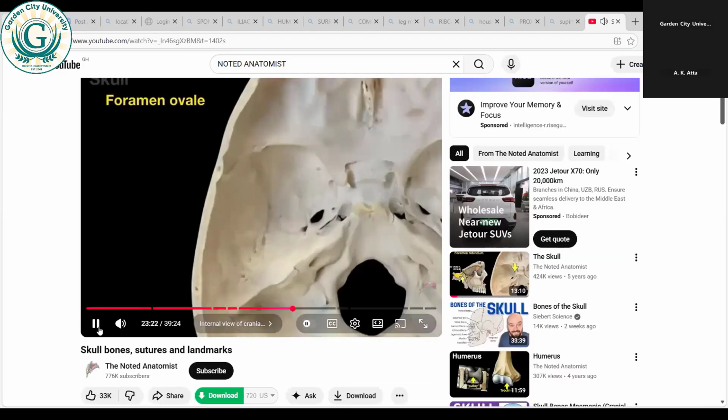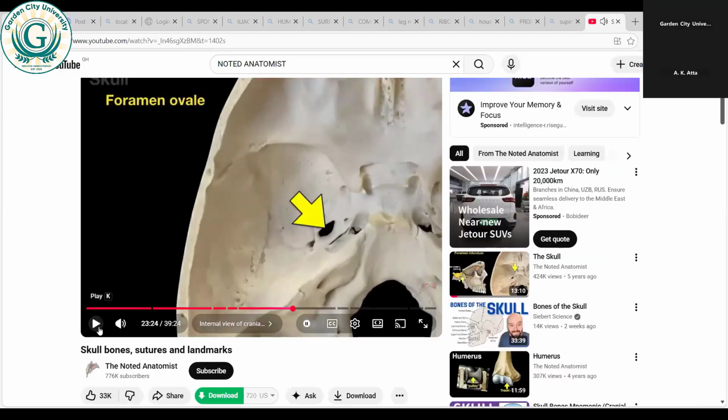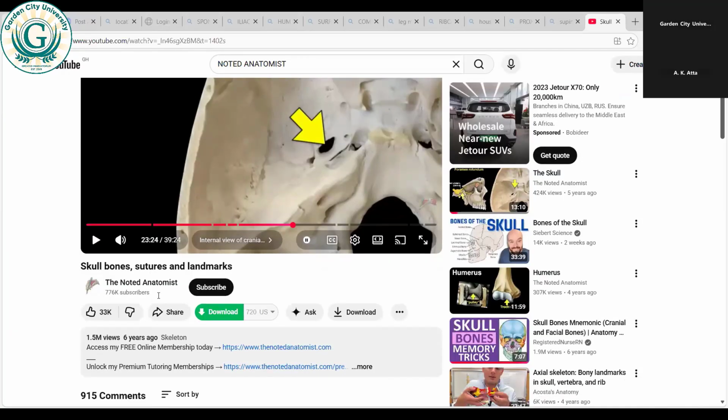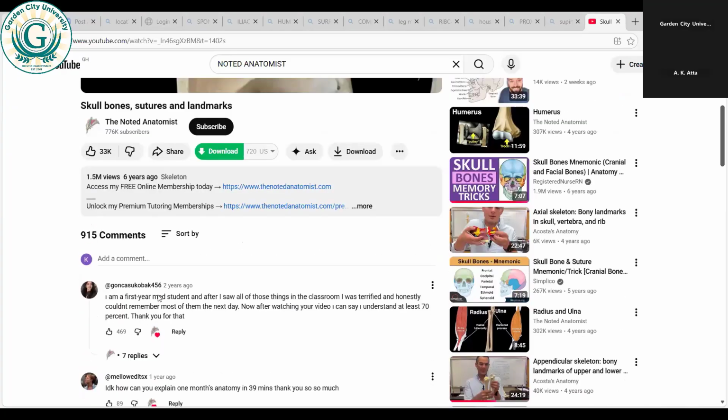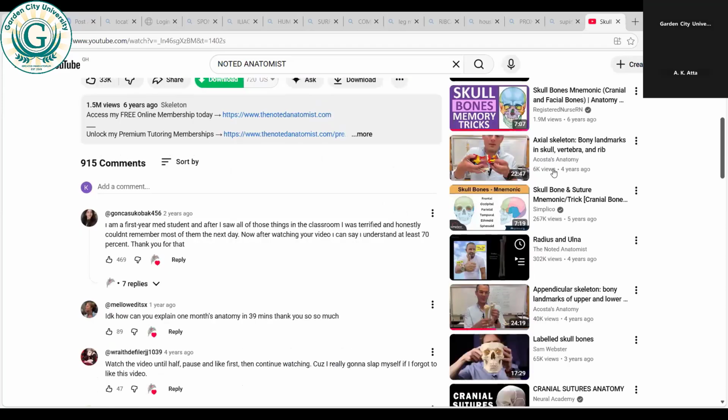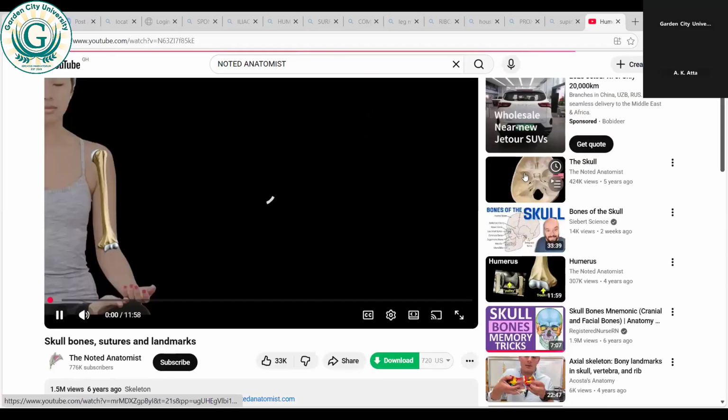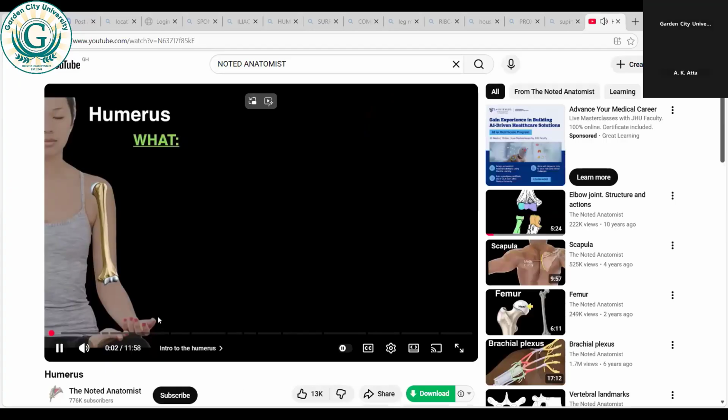So I'll even say it here: if there's a site that I will recommend to you when you are learning anatomy, it is this one. It traces the individual bones.